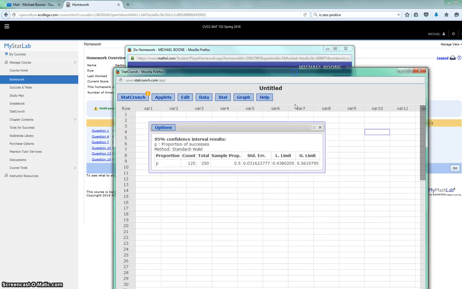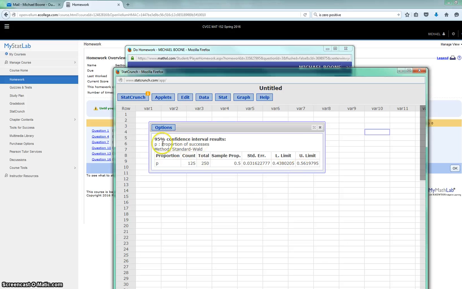Before I talk about that, actually, let's do something else. We did a sample and we got 50%. What our lower limit and upper limit stand for is that I am 95% confident that the true population proportion is between these values. Our sample was 0.5. Again, every time we do a sample, it could be different.